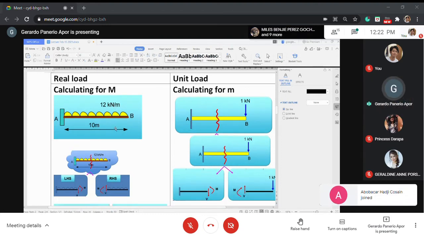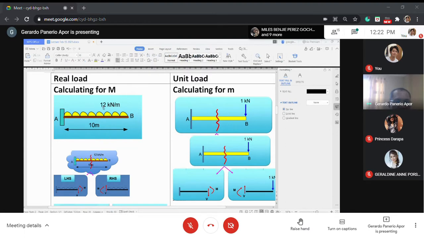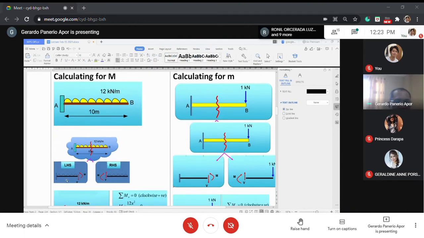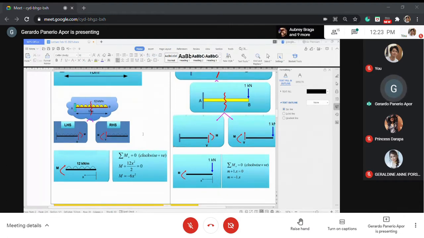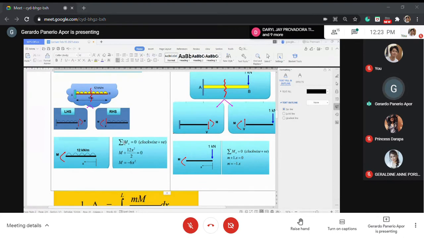Now, so that you can come up with the moment equation, it is necessary to cut into two, the left hand structure and the right hand structure. Basically, you divide this into two. Now, it depends on which one you feel comfortable to use. In this case, in my solution, I use the right hand side.